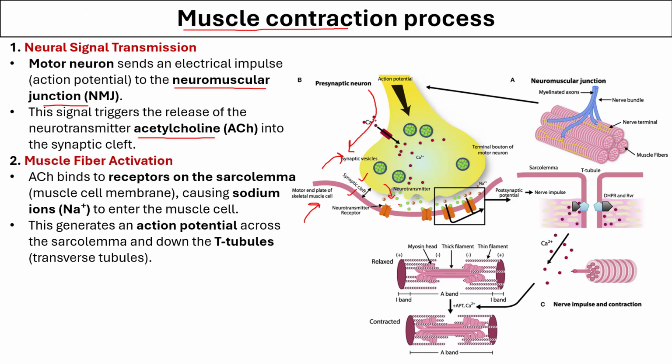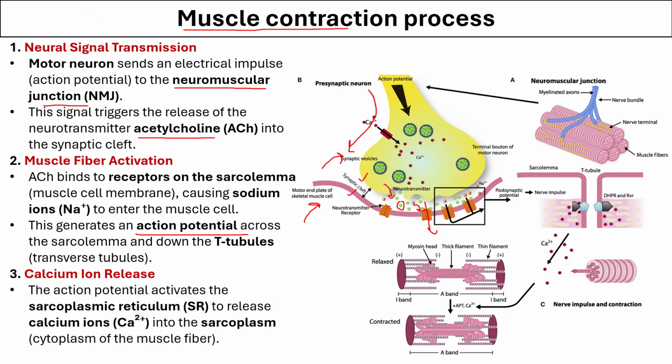The acetylcholine goes and sits on the receptors that are present on the muscle. These receptors then let the sodium ions get inside the muscle, and entry of sodium ions sets off the electrical impulse, or action potential, in the muscle.